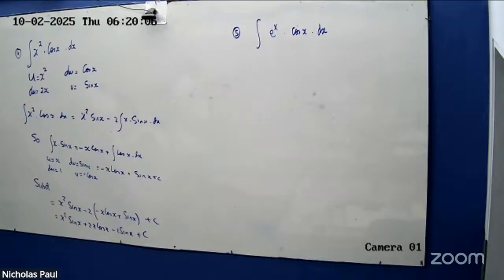Alright, ready? Let's take a look at question 4. No matter which one you choose, choose the first one as u and the second as dv, and I want you to do integration by parts twice. And tell me what you reckon.